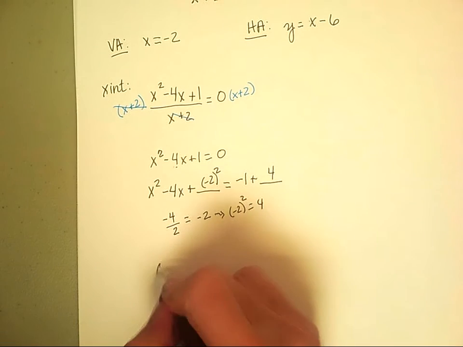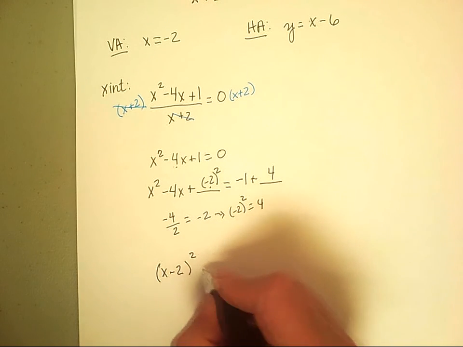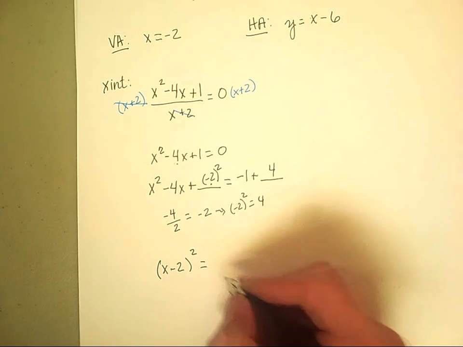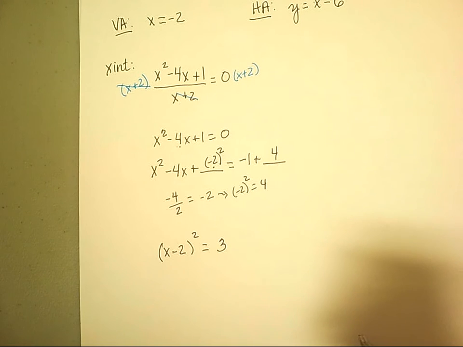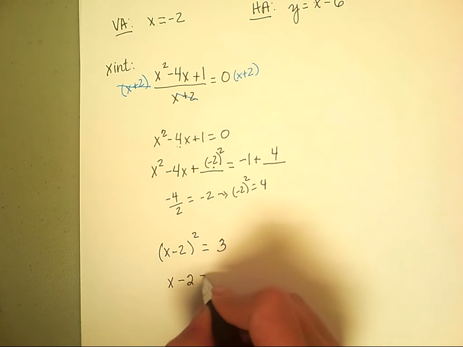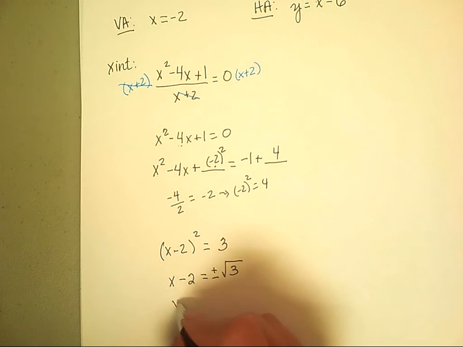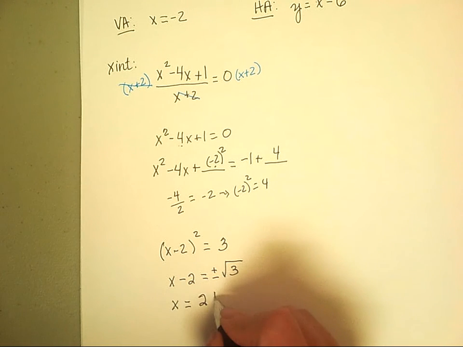Now I know that this collapses into x minus 2 squared is equal to 4 minus 1 is 3. Taking the square root, we'll get x minus 2 is equal to plus or minus, don't forget that, root 3. So x is equal to 2 plus or minus root 3.